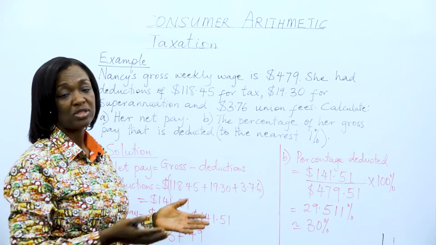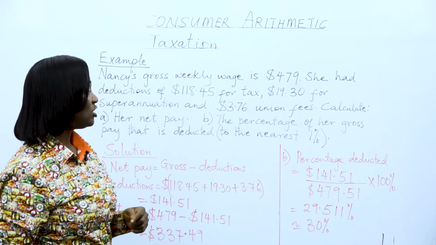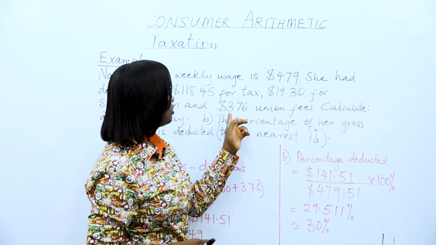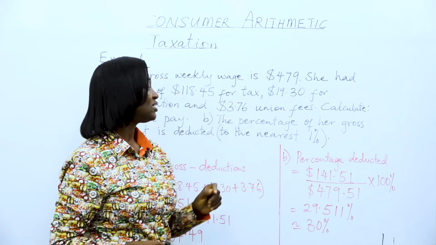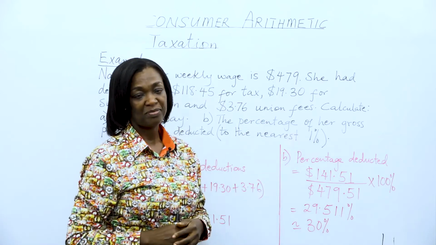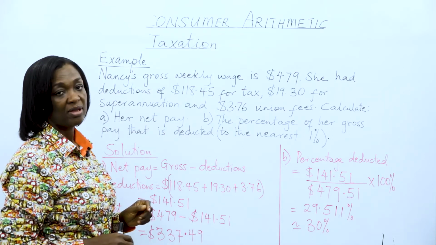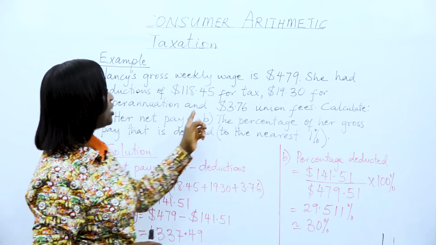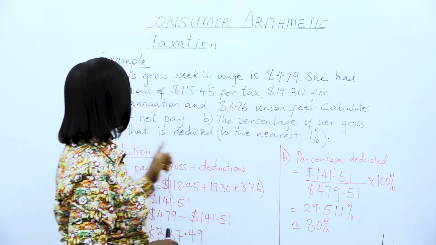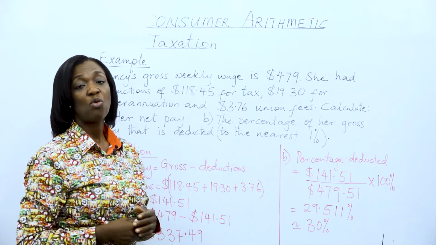So that could be towards retirement or towards a project. And in addition, she paid $3.76 as union fees. Calculate, one, her net pay. Secondly, find the percentage of her gross pay that is deducted to the nearest 1%.